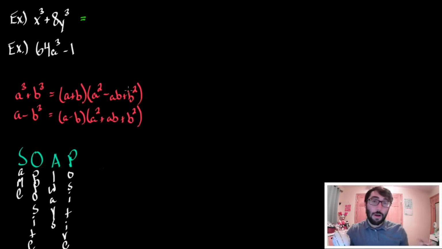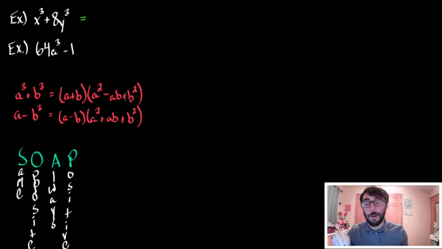Now, a quick tidbit about that. Now that we're factoring polynomials, there's a lot of times where we have to check to see if we can factor any further. And I know some of you may be looking at that trinomial and going, oh, do I have to check to see if that's factorable every time? Not necessarily if you did this problem correctly. The first thing you should always look for is a greatest common factor. If it has a greatest common factor, you absolutely need to take that out first. If not, it could actually break the rest of the problem.